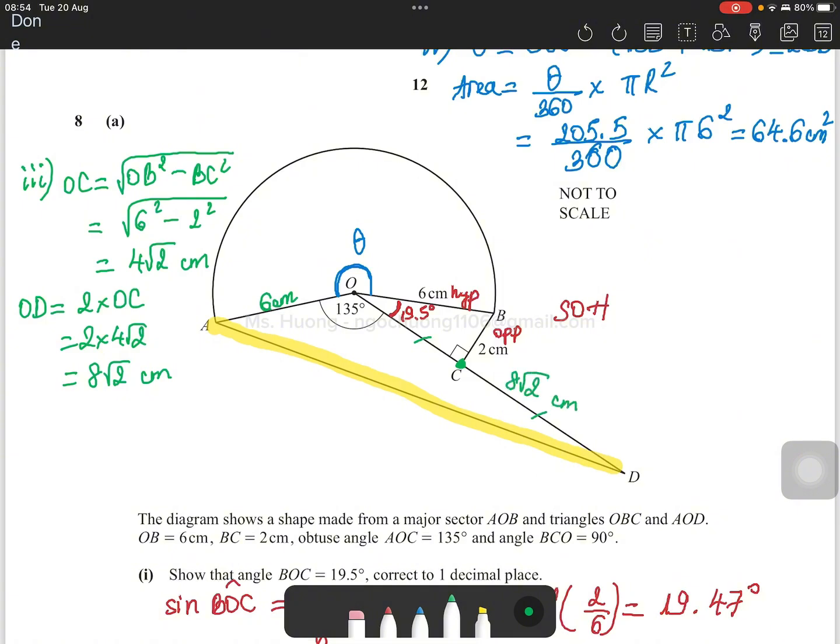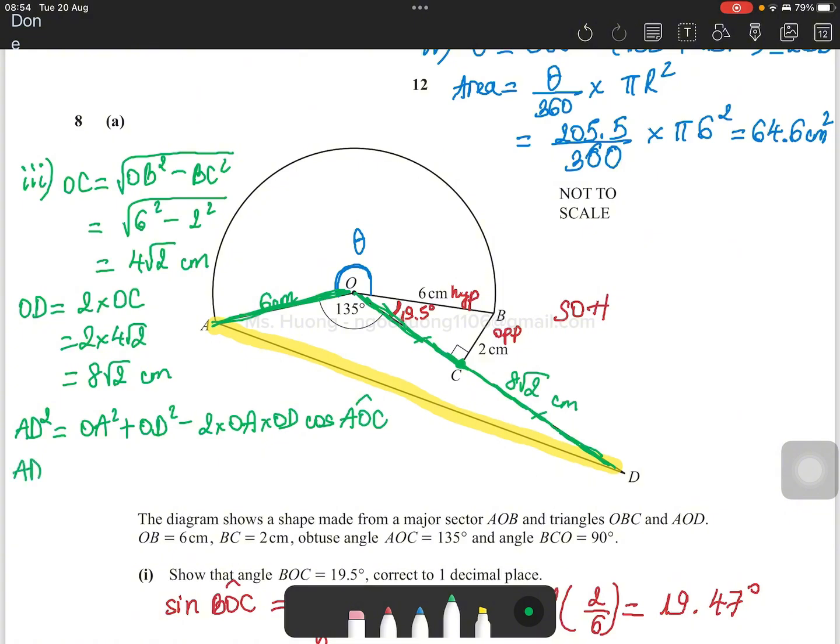Now we have two sides, OA and OD. We also know the size of the angle AOD, so we can find the length of AD using the cos rule. The length of AD squared is equal to OA squared plus OD squared minus 2 times OA times OD multiplied by cos AOD.